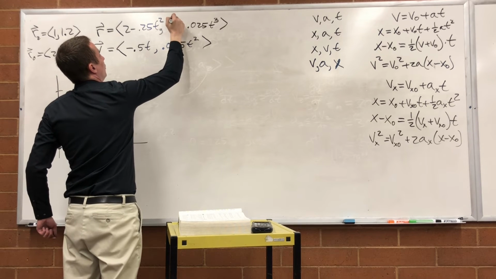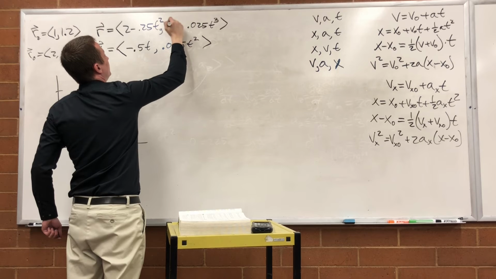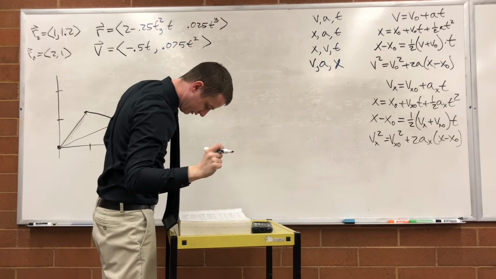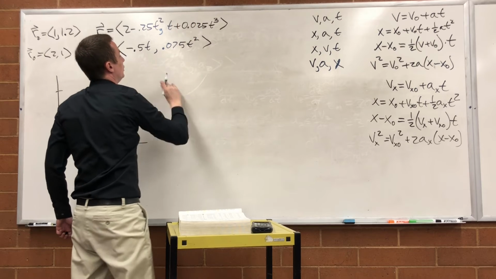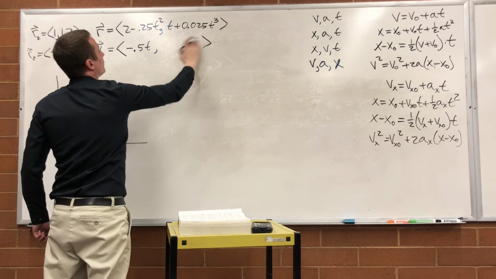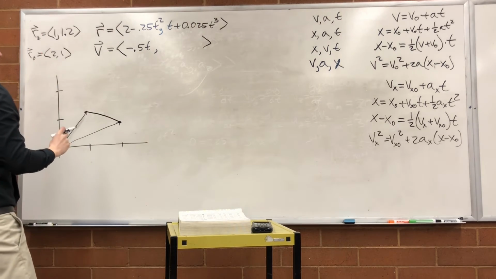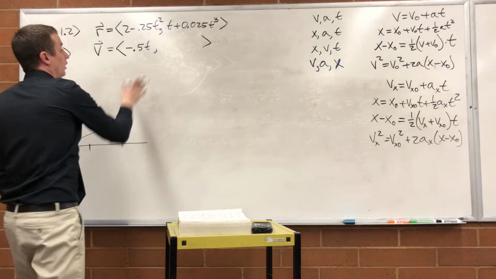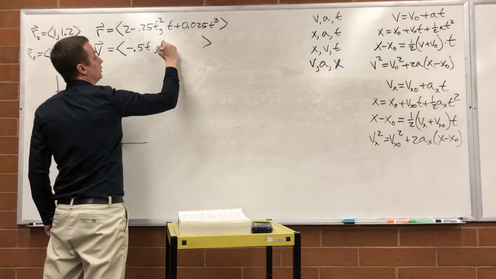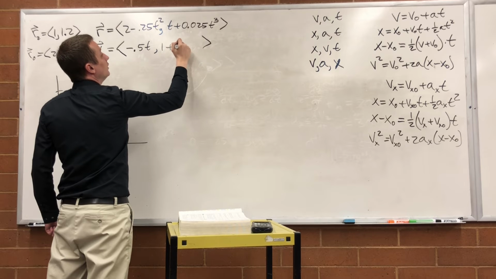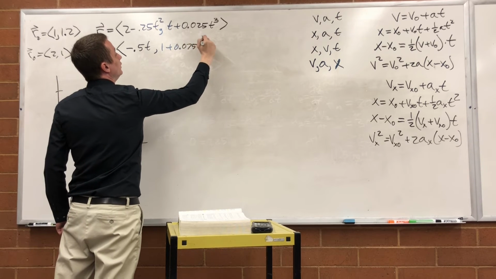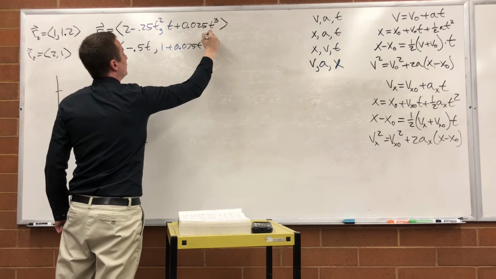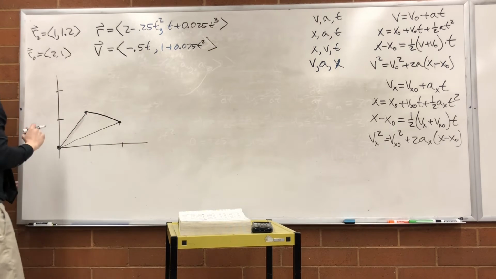So they have 1 t, and then that plus or minus t plus 0.something. Okay, so we messed up. So when we take the derivative here, now this is going to be 1 plus 0.075 t squared. Okay, so that was our mistake. That's why the picture's not the same.